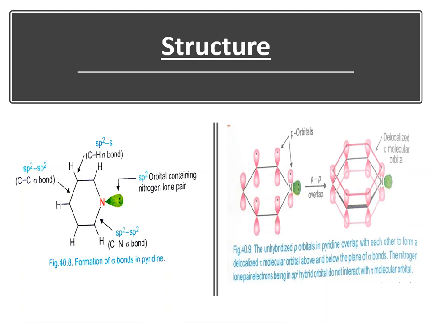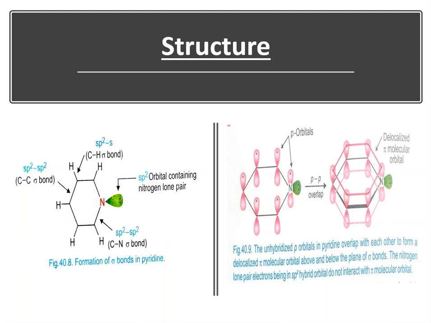The lone pair of electrons of nitrogen is not involved in pi bond formation. It is free, and that's why pyridine is basic in nature.